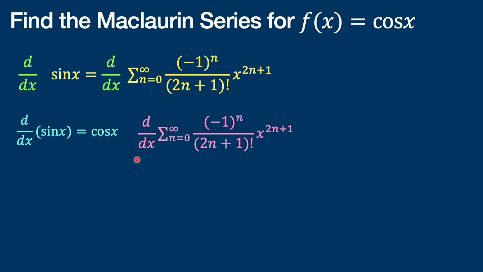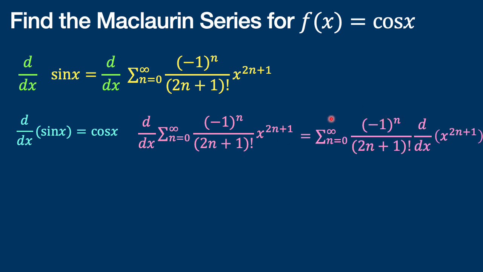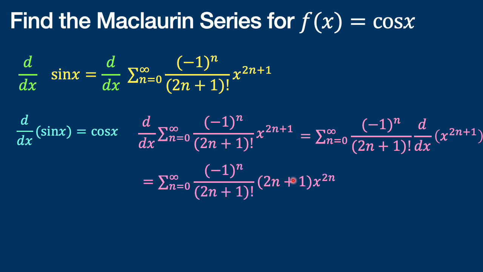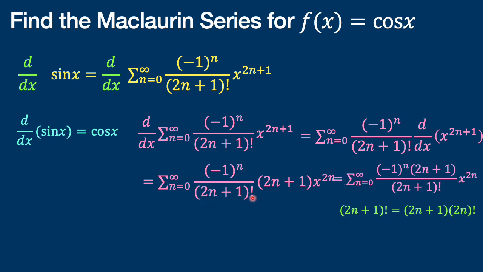How are we going to find the derivative of the Maclaurin series? We're going to take the derivative term by term right here, guys. This part is constant. We only take the derivative of x to the 2n plus 1. The derivative of x to the 2n plus 1 is 2n plus 1 times x to the 2n. Let's simplify here. 2n plus 1 factorial means 2n plus 1 times 2n factorial.